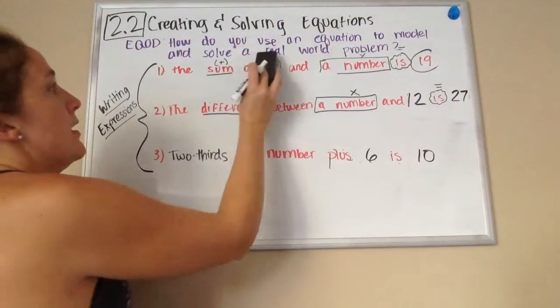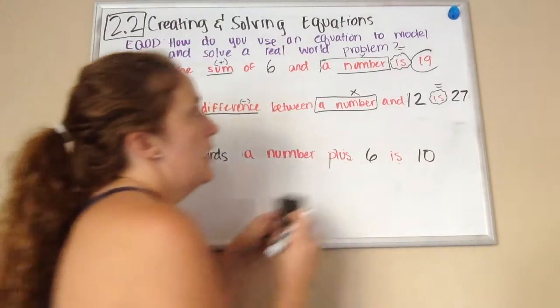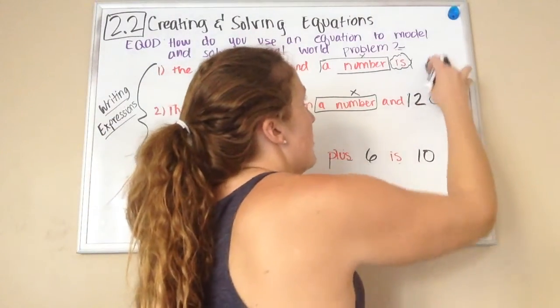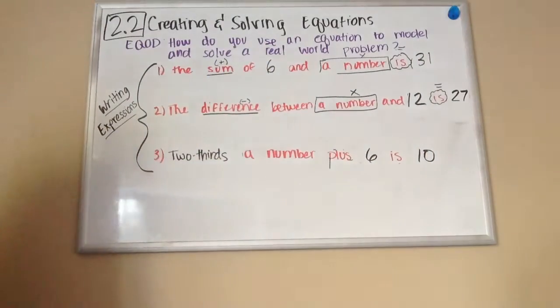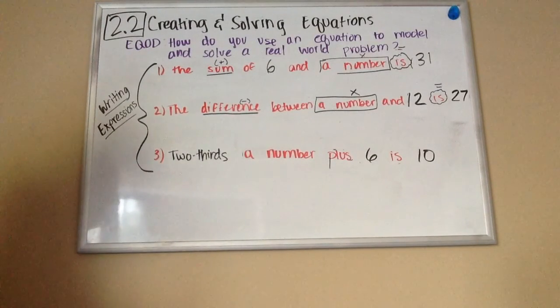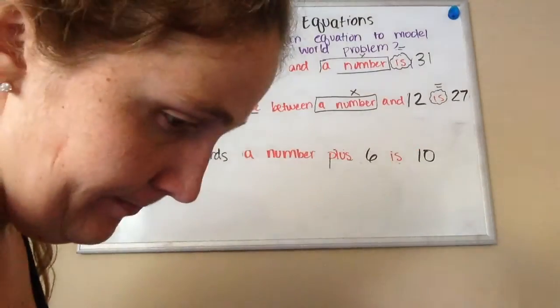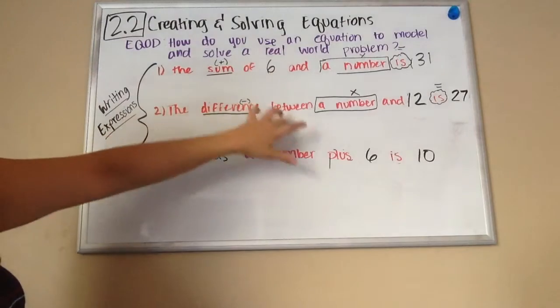And the sum of 6 and a number is 31. Okay, pause the video and complete these on the left-hand side of your journal. You are writing out an expression. Okay, you're back with me, I'm assuming you've written out all these expressions.